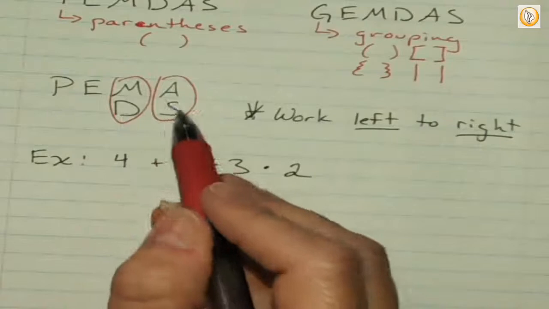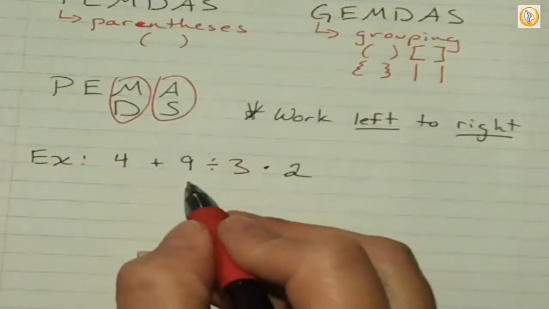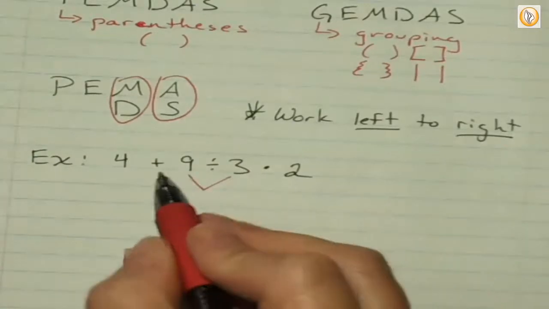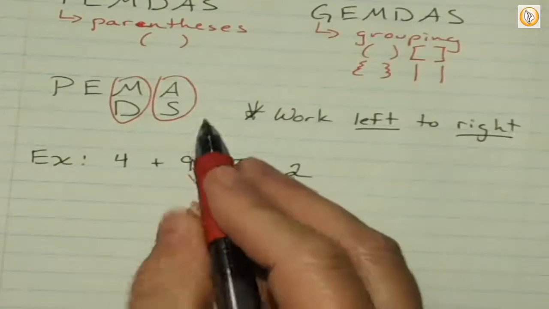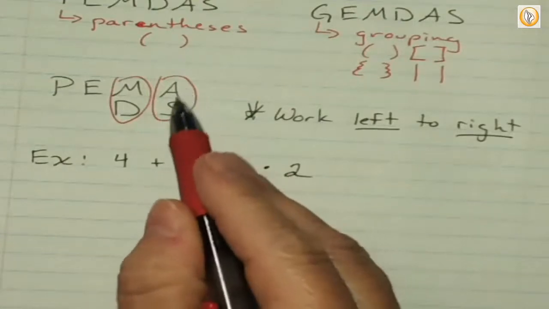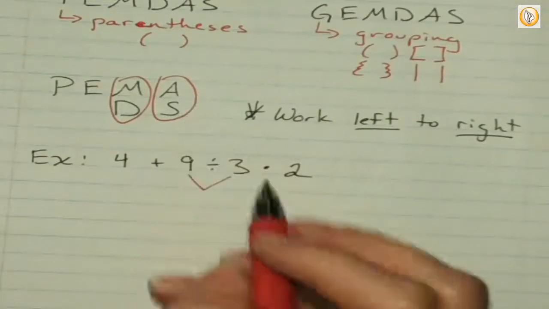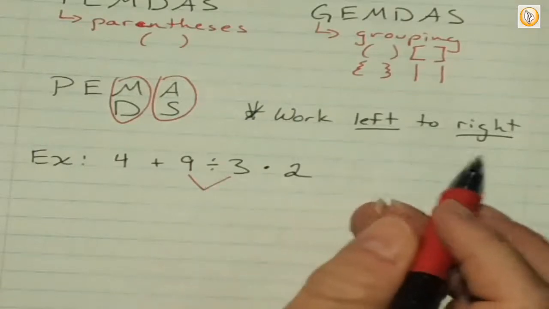Multiplication, division come before adding and subtracting. There you go. Does everyone see that? The adding should come after dividing and multiplying because it's last. Does everyone see that? But division's going to come before that multiplication because we work left to right.